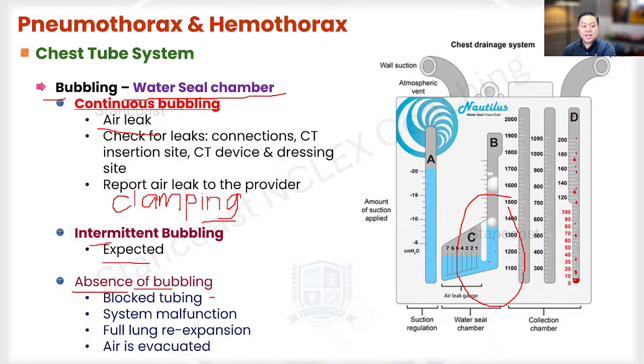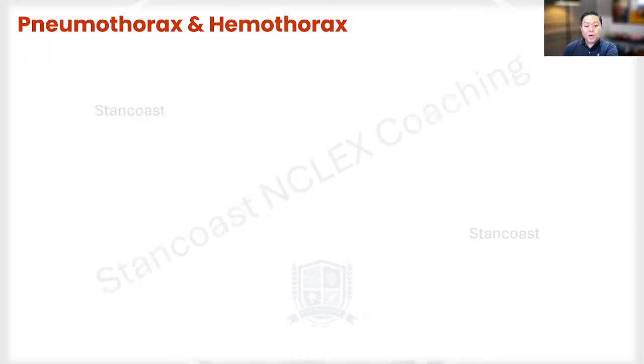Okay. Now, what we're going to talk about this time is client education, and this is very important. So again, they need to be proactive themselves in order that they can also help themselves in having an early recovery from the hemothorax or the pneumothorax. So what are we going to do here?